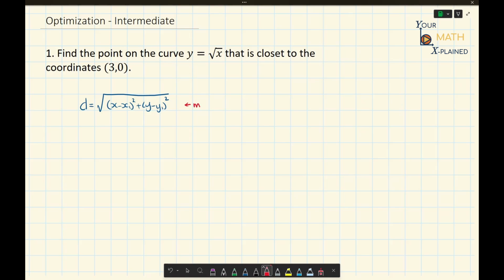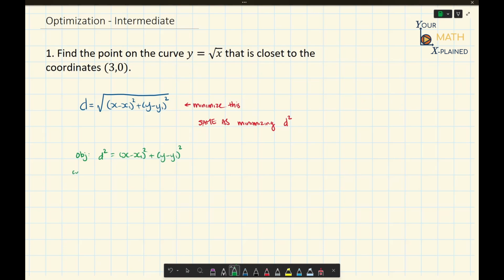So the trick here is that to minimize this, this is the same as minimizing the square of the distance formula. So meaning it's the same as minimizing d squared. And by doing it this way, we can get rid of the square root. So then what this means is that our objective equation is going to be d squared, which is (x minus x1) squared plus (y minus y1) squared.